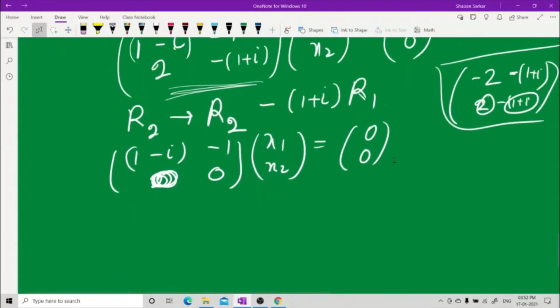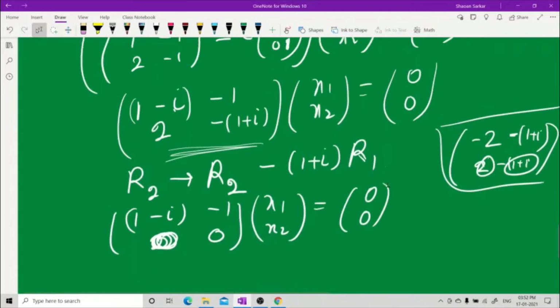One observation: the determinant of this matrix, let us call it B, has to be 0. Otherwise, you will get the trivial solution, that is the unique solution, and that is not a vector at all. It cannot be non-zero.